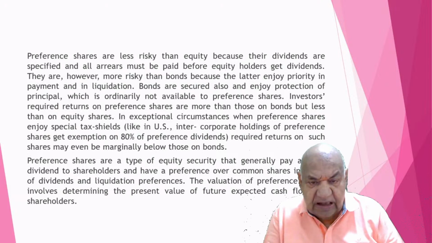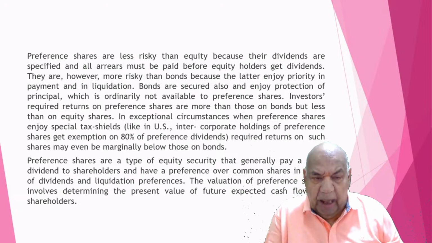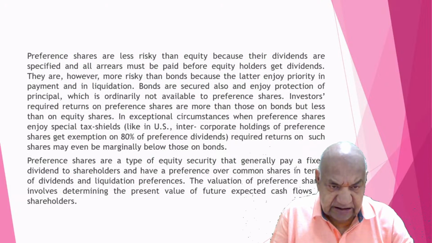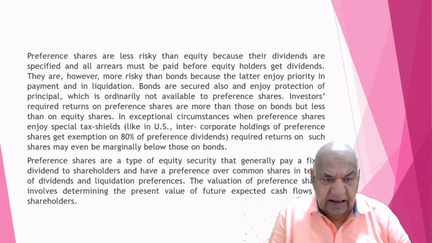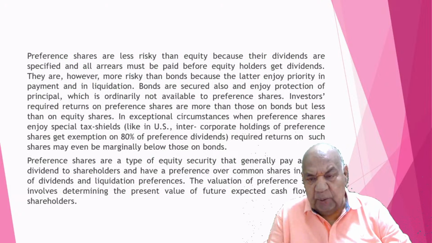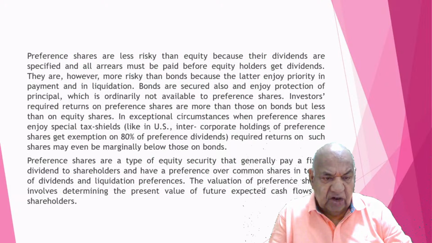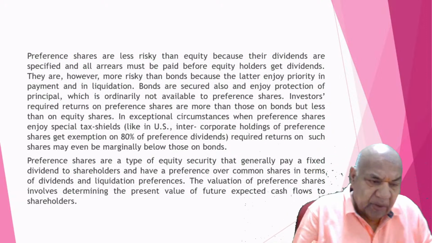In exceptional circumstances, when preference shares enjoy special tax shields, like in the US, where intercorporate holdings of preference shares get exemption on 80% of preference dividends, required returns on such shares may even be marginally below those on bonds.